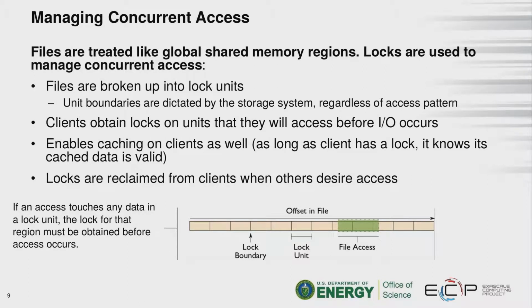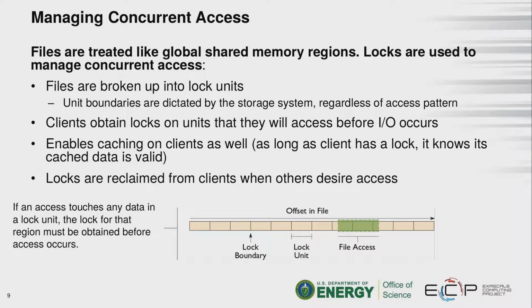Now there's direct I/O, but that's really meant for database type workloads, and that turns off all the caching. When you're dealing with a parallel file system, they're going to break up the file into locks. Now no file system implements byte granularity locks. That's an expense that's too high to pay right now. So usually it's 4K or 4 megabytes or something like that. Each one of these lock boundaries in the file is a point where there's an implicit lock that a client gets, so they can modify that region.